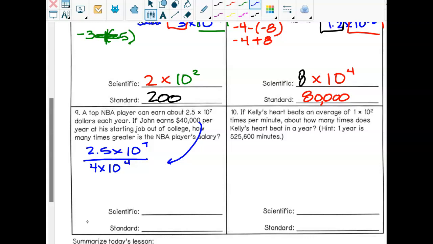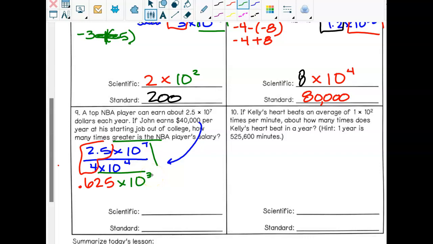So the NBA player's salary is on the numerator, 2.5 times 10 to the 7th, and John's starting salary of $40,000 a year is on the denominator, 4 times 10 to the 4th. So if we're dividing that, 2.5 divided by 4 is the first thing I would do, and that is 0.625. And then 10 to the 7th divided by 10 to the 4th, we subtract, is 10 to the 3rd.